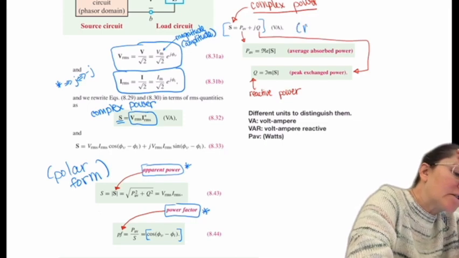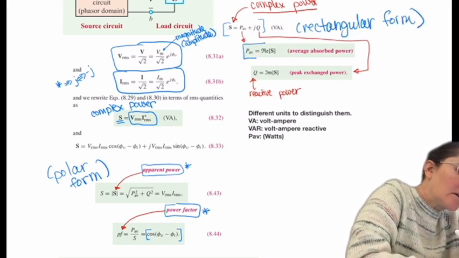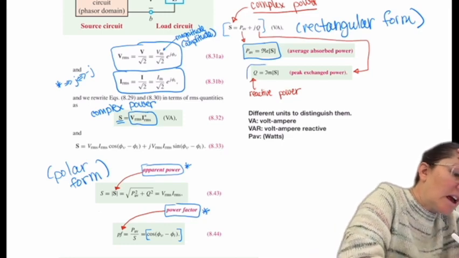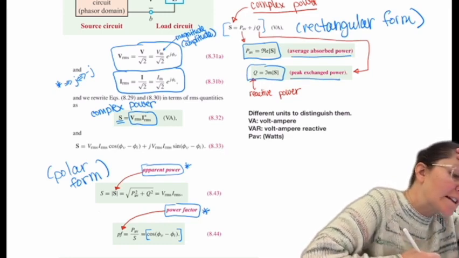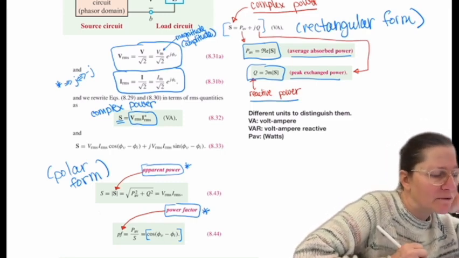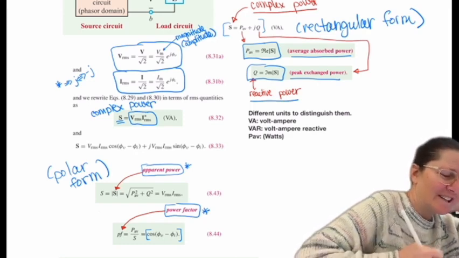When it's in rectangular form, you can look at the two values for the average, and we can get the average that way instead of doing the whole multiplication. So this is average absorbed power, and then we have reactive power. The reactive power is the imaginary portion of that rectangular form. And you're going to love this, we have new units.